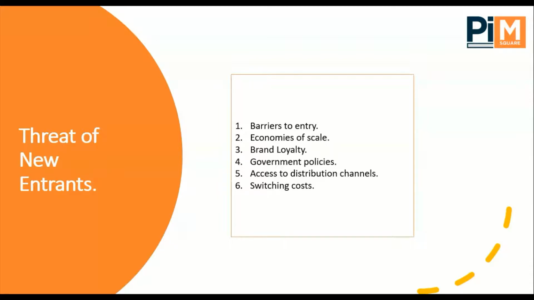If a new entrant is coming into an industry, the new entrant should understand what the barriers of entry are for him, what economies of scale he or she should look for. Brand loyalty, whether the customers have brand loyalty or whether they shift or not. And the government policies, access to the distribution channel and switching costs.